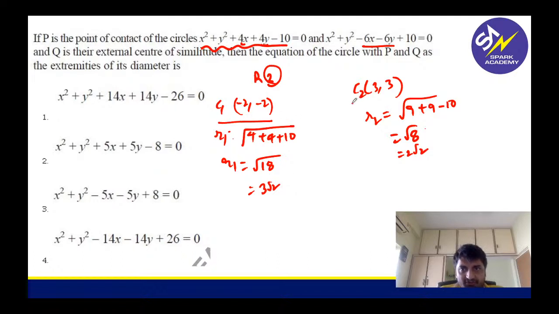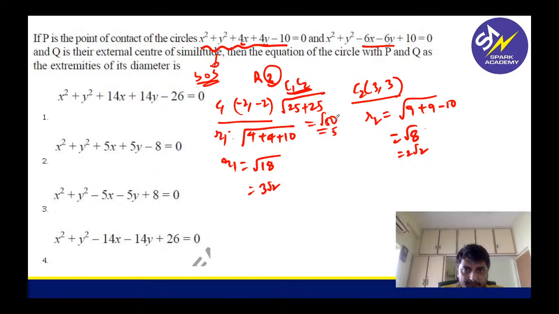Now C1, C2, I can measure the distance, right? What will be C1 C2? Under root of the distance between C1 and C2. I am checking because this is a system of circles question. So first thing I have to do is check. Minus 2 minus 3 whole square is 25. Minus 2 minus 3 whole square is 25. Root 50. Root 50 is what?